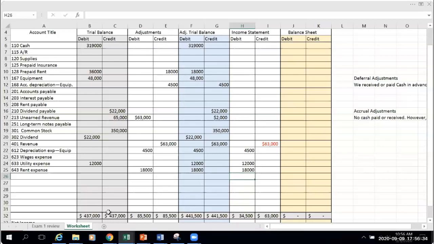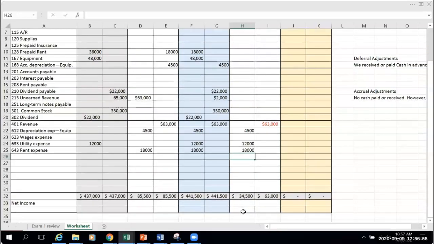And because I used the formula with the fill handle, I put it all the way to the right. Remember that? So using that fill handle, I pulled the formula to the right, and all my boxes now have that same formula adding up the whole column. So here the whole column is 63,000, and my expenses total 34,500.